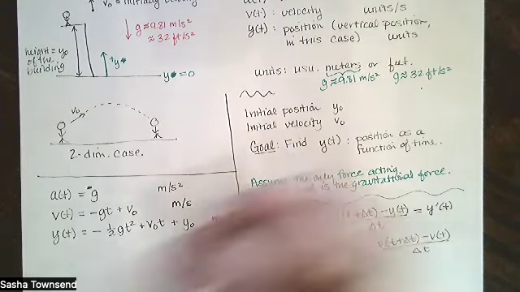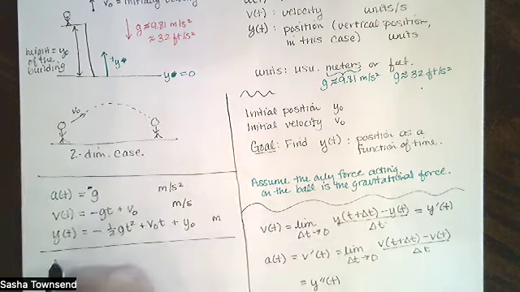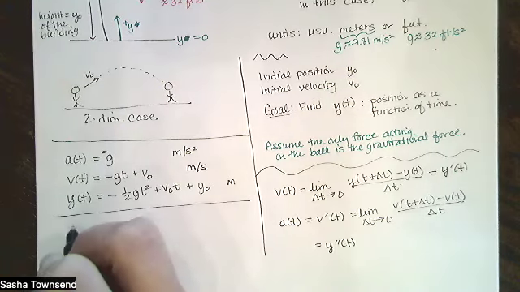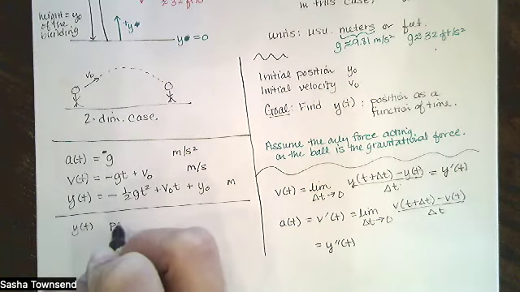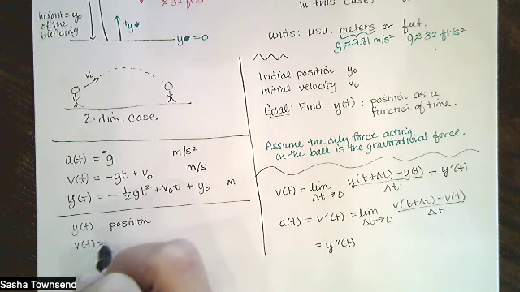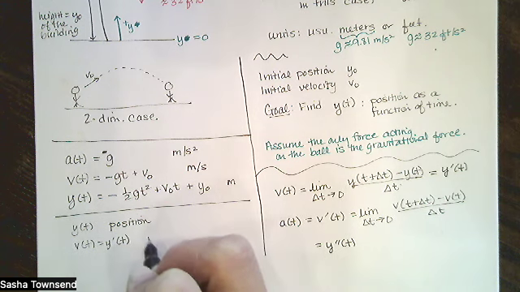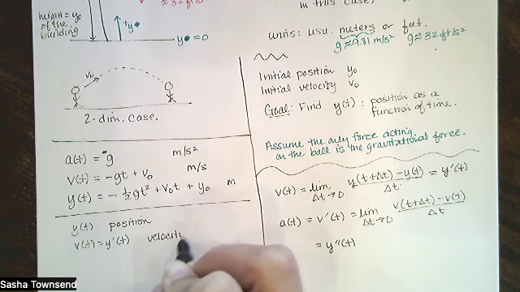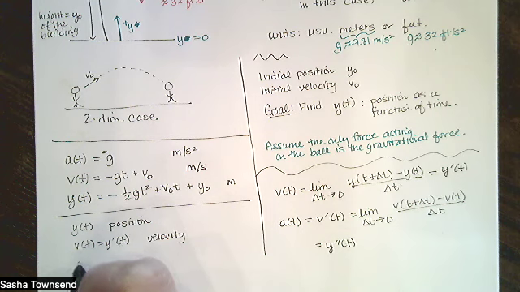We know that if this is position, velocity is the first derivative of position. And acceleration is the derivative of velocity or the second derivative of position.